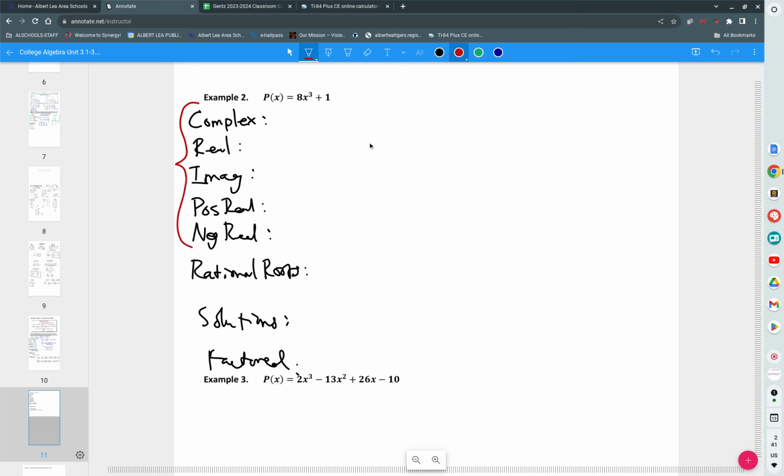I'd like you to try to come up with those. Actually, you could do the rational roots as well. Don't actually find the solutions, but start to list the other pieces.